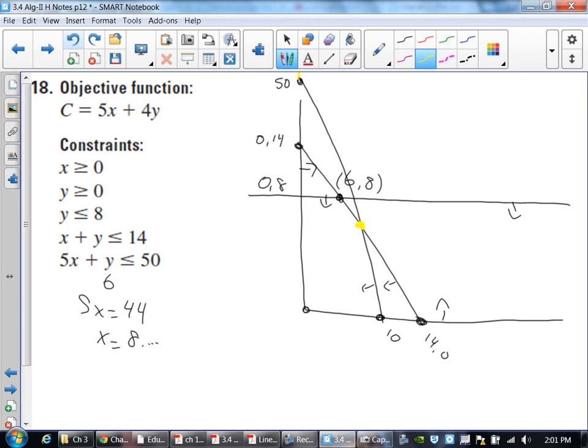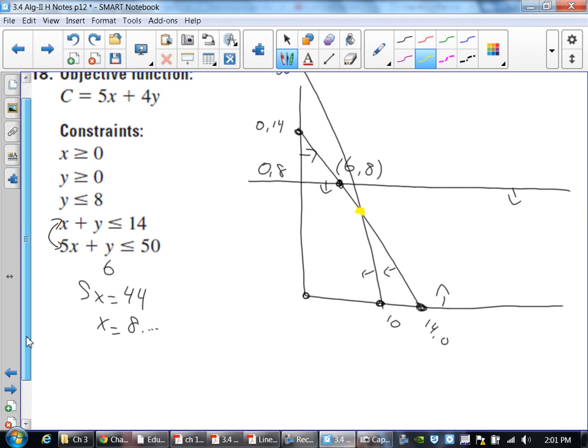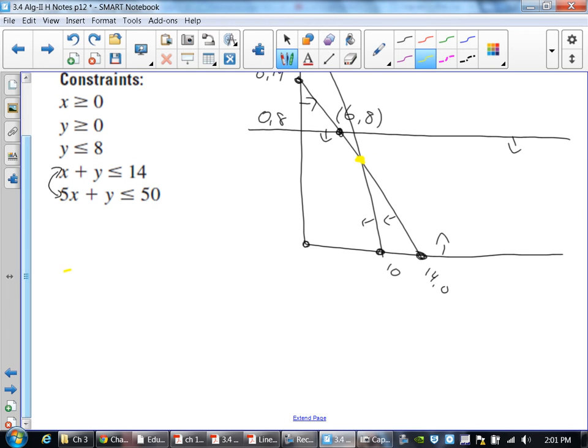So all I have to do then is work with this. And you'll notice it's really easy because I can just rewrite it below and say x plus y is 14. Subtract, I get 4x is 36. X is 9. 9 plus what is 14? 5.